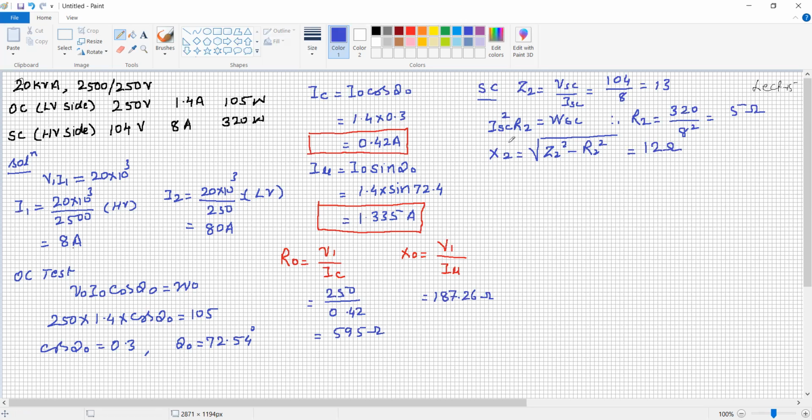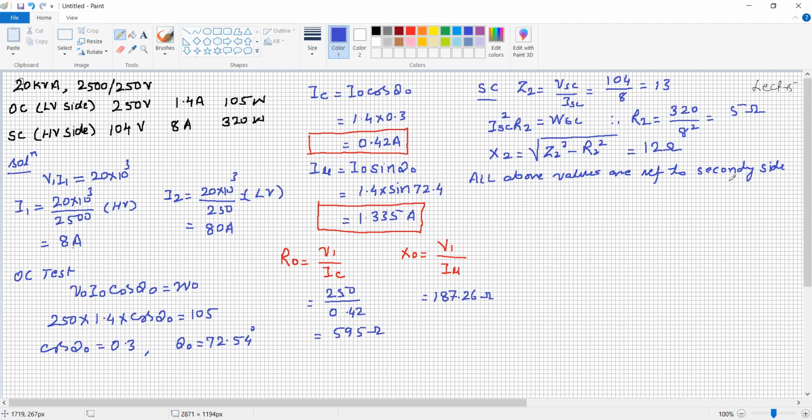Now, all above values are referred to the secondary side.